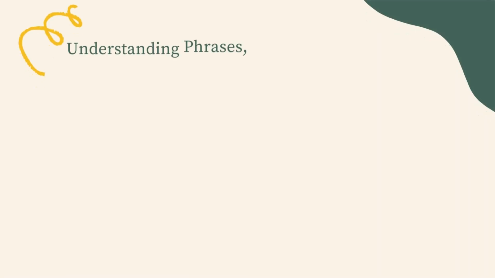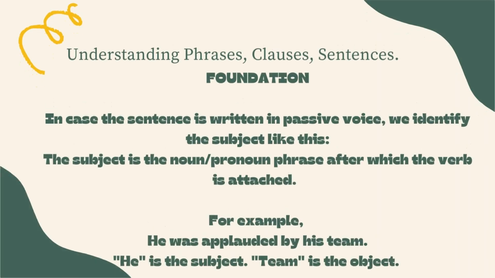Now note, when we come to sentences that are written in passive voice, we identify the subjects differently because the logic of the passive voice is that the subject, the agent or the performer of the action, is made optional. So the subject is the noun or the pronoun phrase after which the verb is attached.